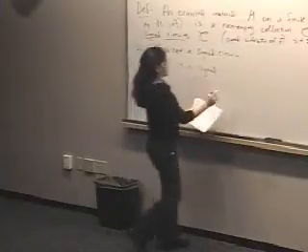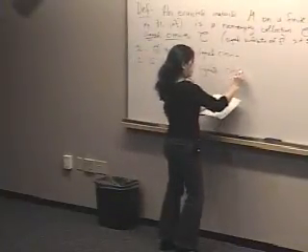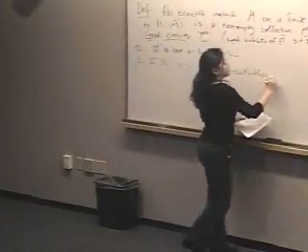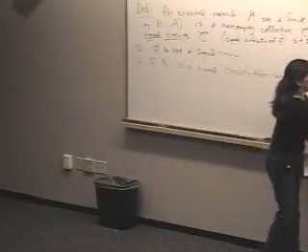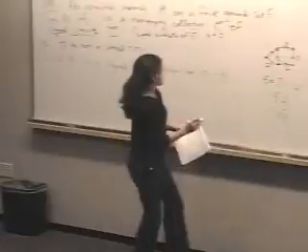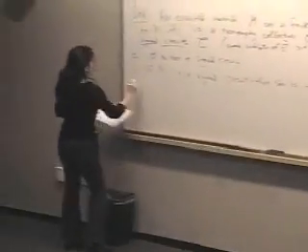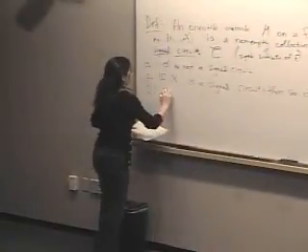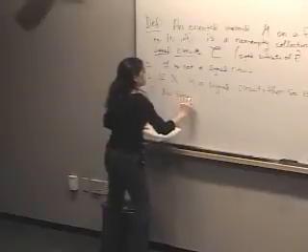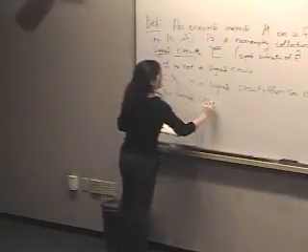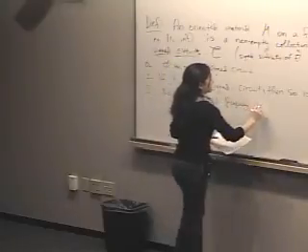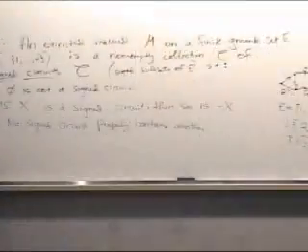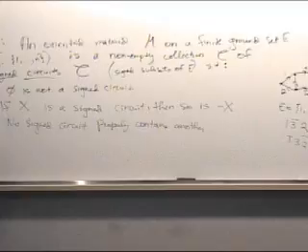So if capital X is a signed circuit, then so is minus X. So of course, 1 bar, 3, 2 bar is also a circuit. And no signed circuit properly contains another. So we just want our circuits to be the minimal cycles.